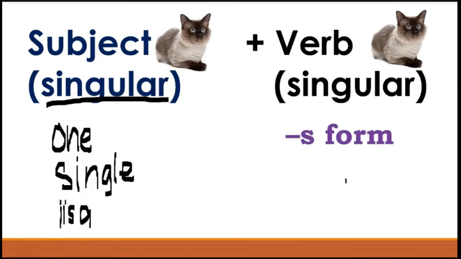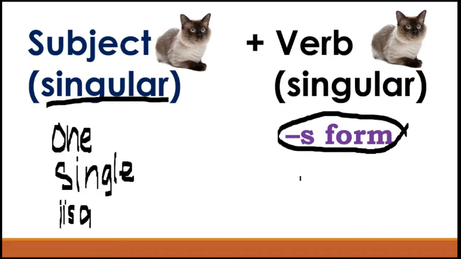And how do we write the single verb o yung singular verb? We will write this in the S form. So, halimbawa, the verb is drink. How do we write the S form of the verb drink?